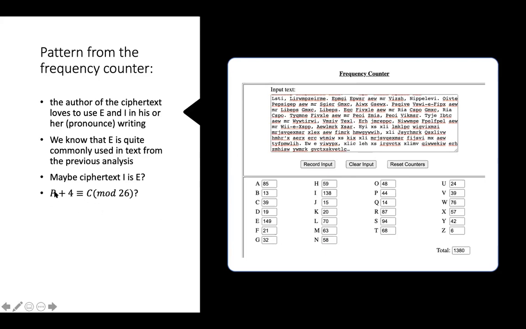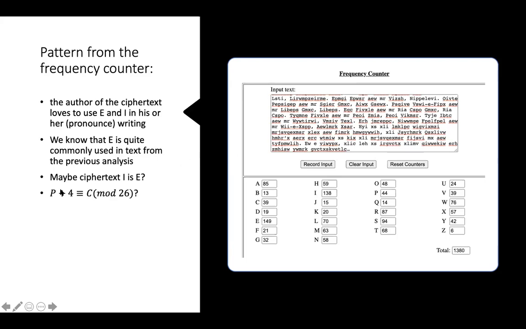So P represents a plain text letter, and we convert this letter to a number. We usually use the order of the letter in the alphabet as the number for P, and C is the ciphertext letter, so one single letter in the ciphertext, and we are also using the order to denote this.